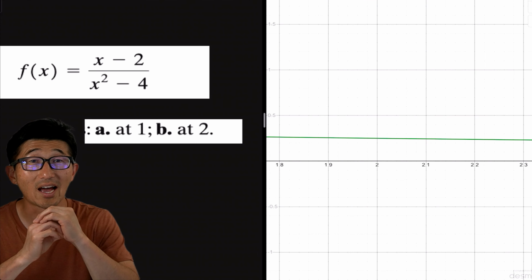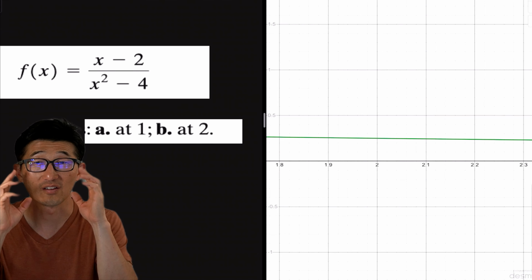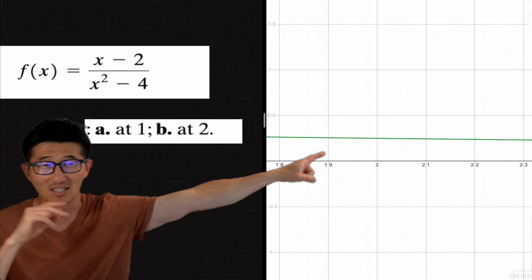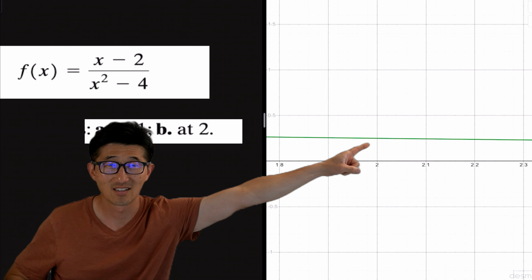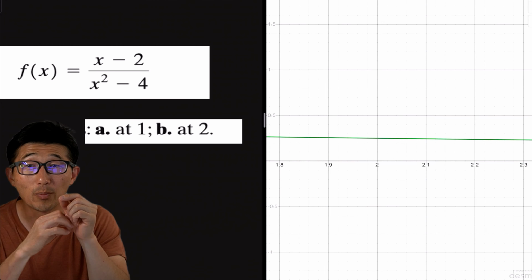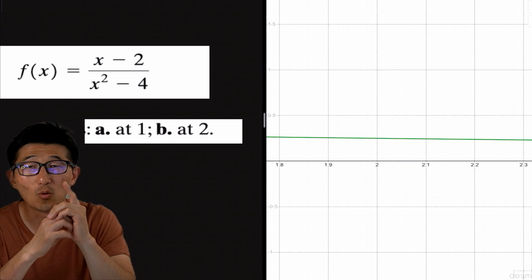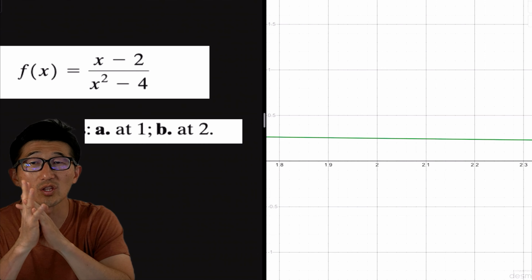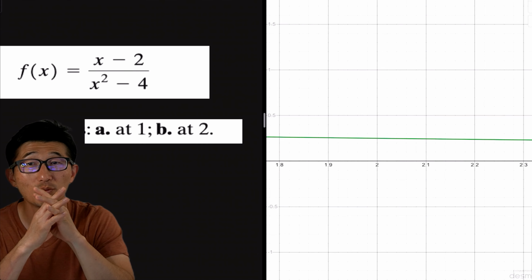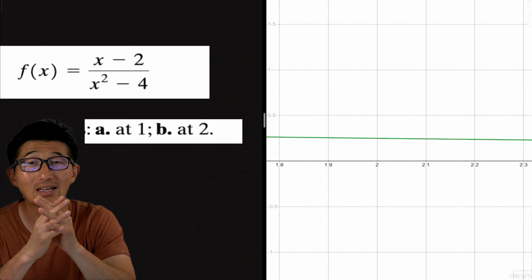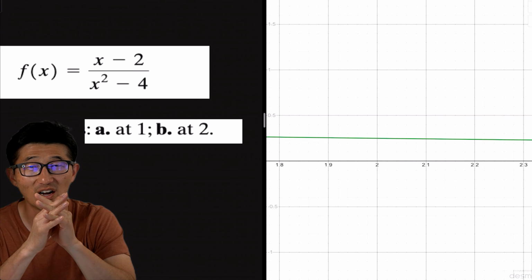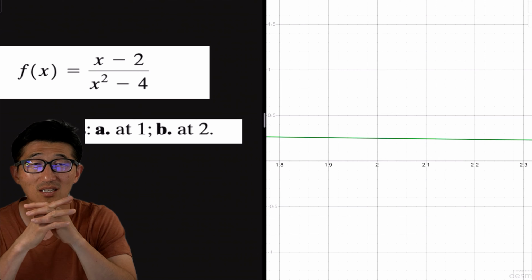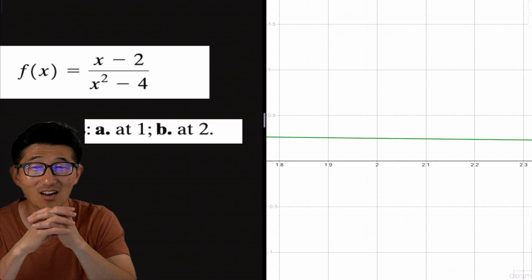Visually, you're like, I see, but grab your Apple Pencil, touch the graph, and tell me what the y value is at 2. You'll be surprised. It should say UND, undefined. Do you know what that means? It means there's nothing there.